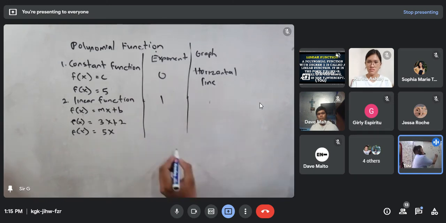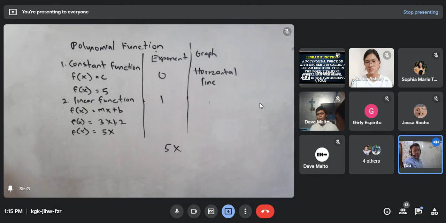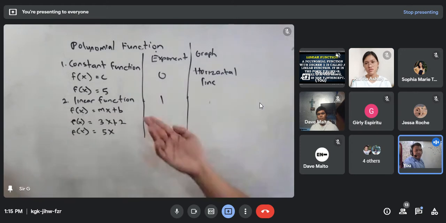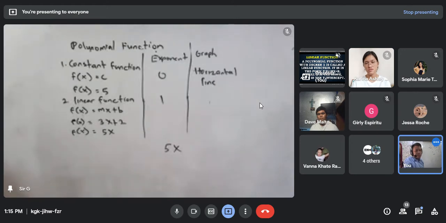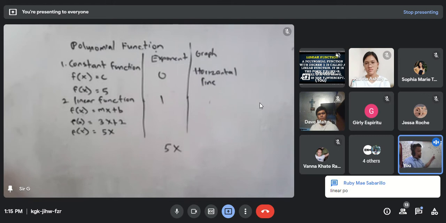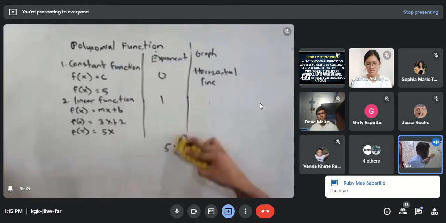Okay, so anong tawag ninyo dito? Constant or linear? 5x, constant or linear? Anong tawag ninyo dito sa 5x? Constant function or linear function? That is a linear. Kasi nga, merong isang x. How about kapag tinanggal ko yung x na to?